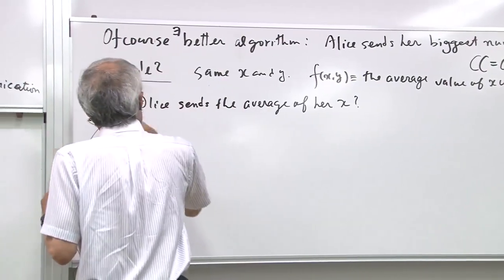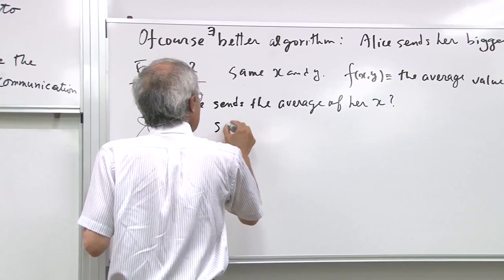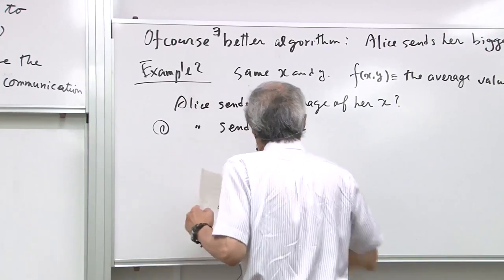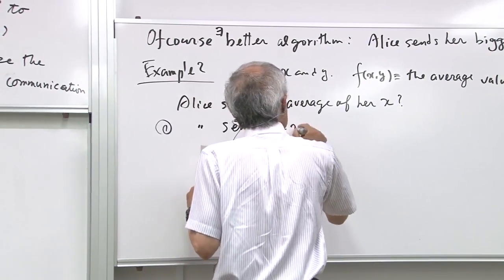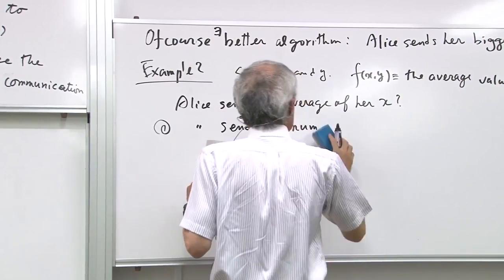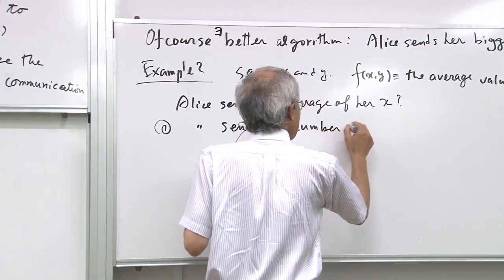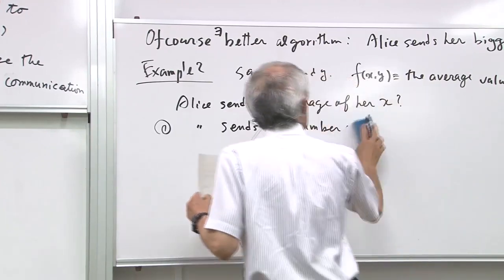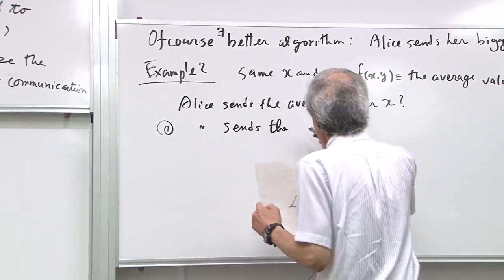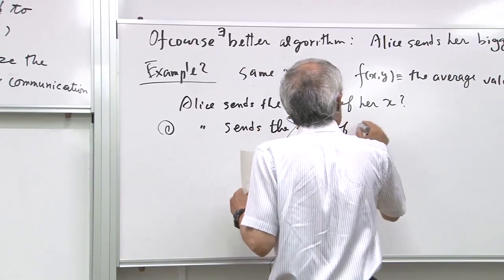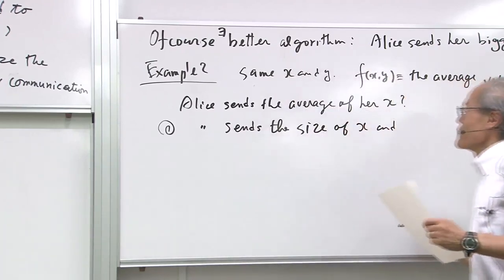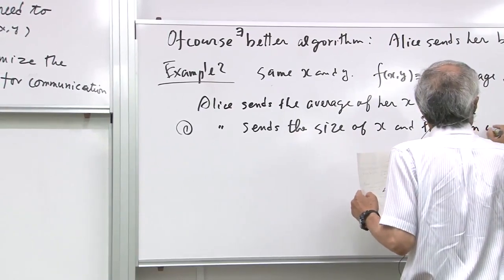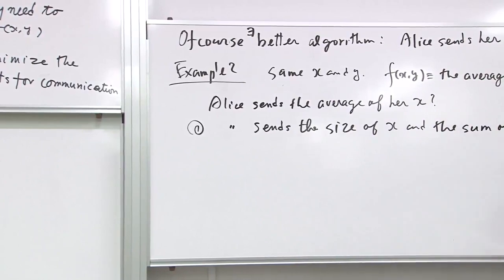So the correct algorithm sends the size of x and the average of x, or the sum of x.